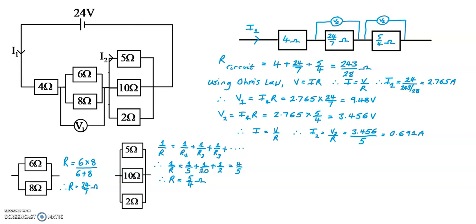Now, to find the EMF of the cell, I said that the internal resistance of that cell, which I'm going to denote by little r, was 0.8 ohms.